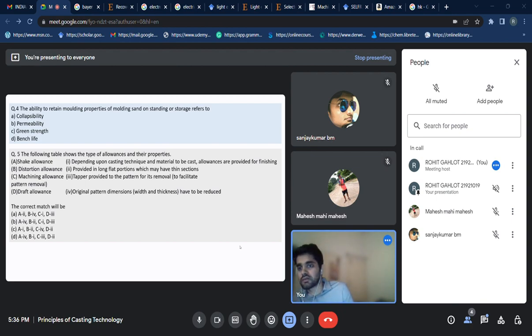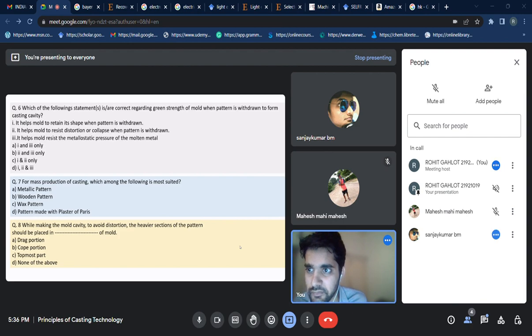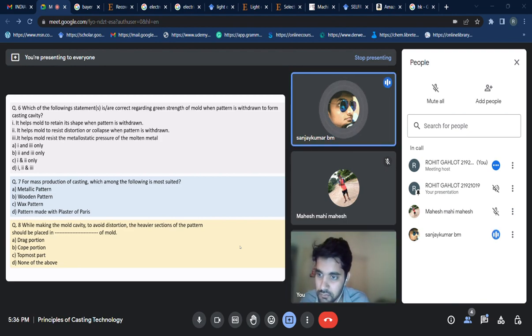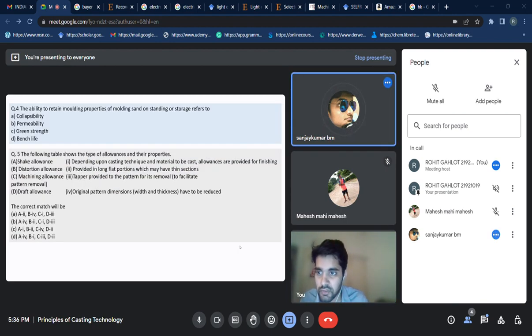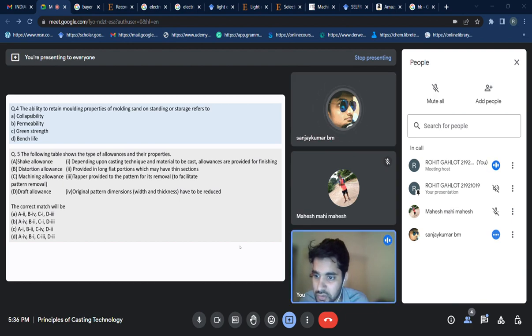Then the machining allowance depends upon the casting technique and material to cast, and is provided for surface finish. So it will be D. You can cross check, and then come to me if you find any issue.